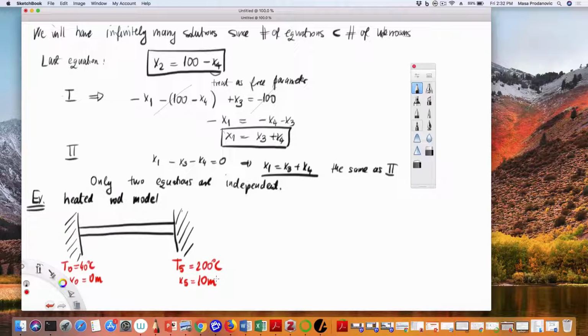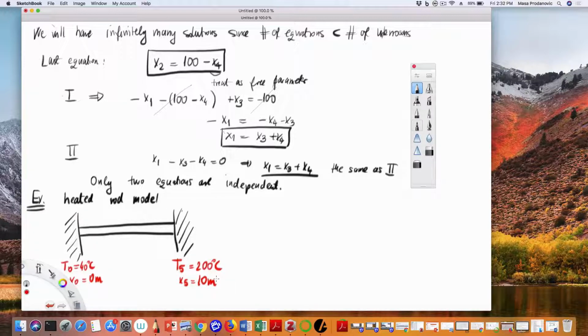If my rod was completely in some sort of insulator, okay, so it was not losing any energy to the ambient air, then I would actually establish just a linear temperature profile between this 40 degrees and 200 degrees, right?